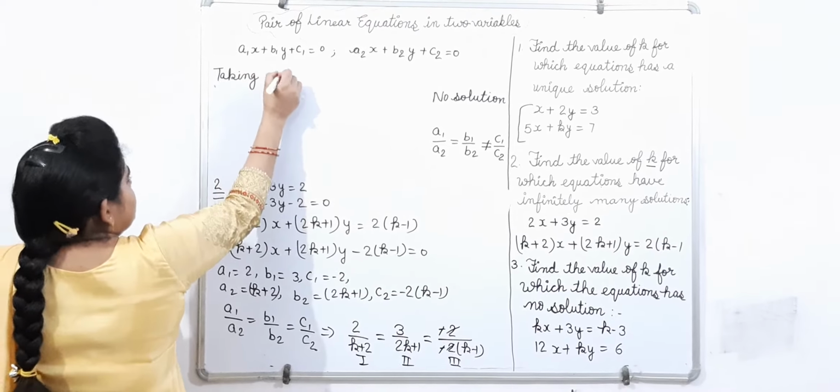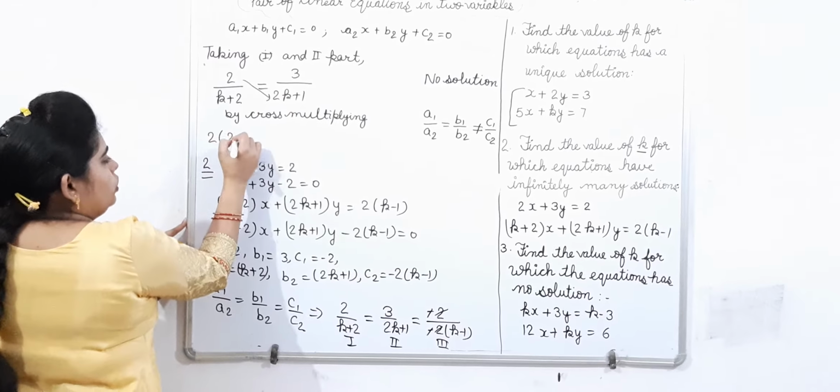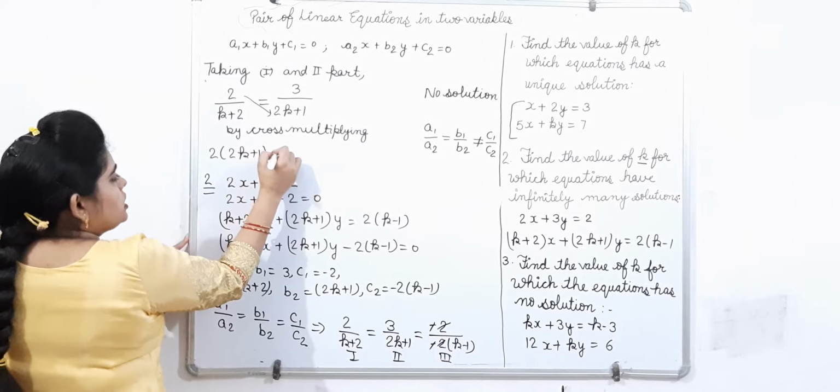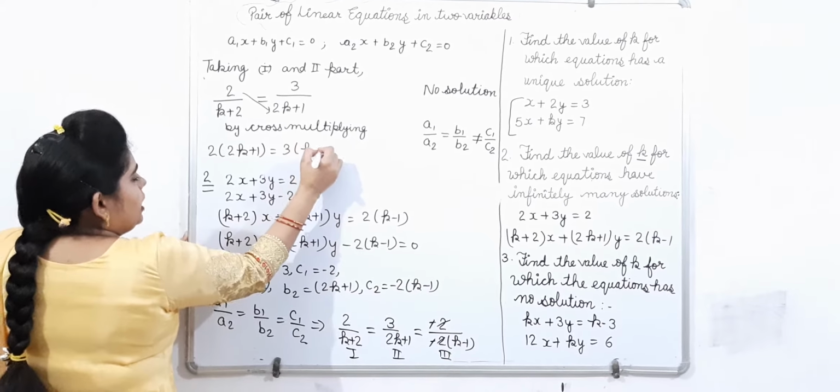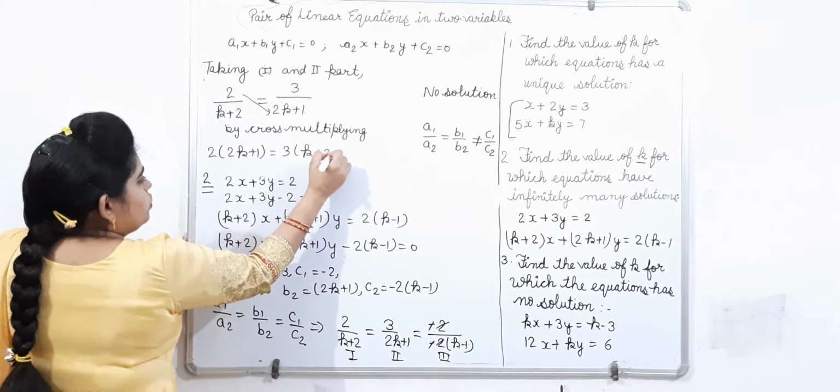On cross multiplying, we get 2 into 2k plus 1 is equal to 3 into k plus 2. From here we have to find the value of k.